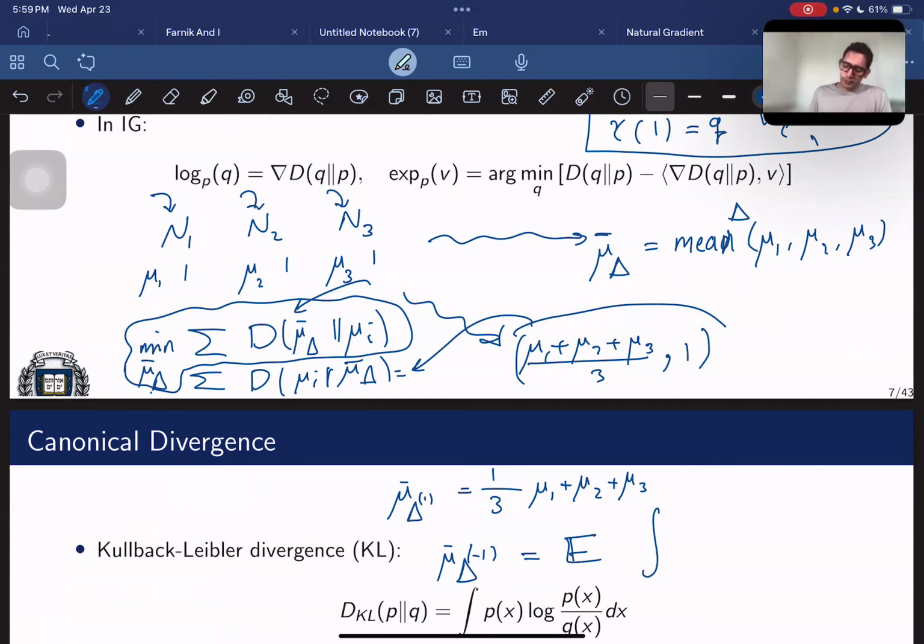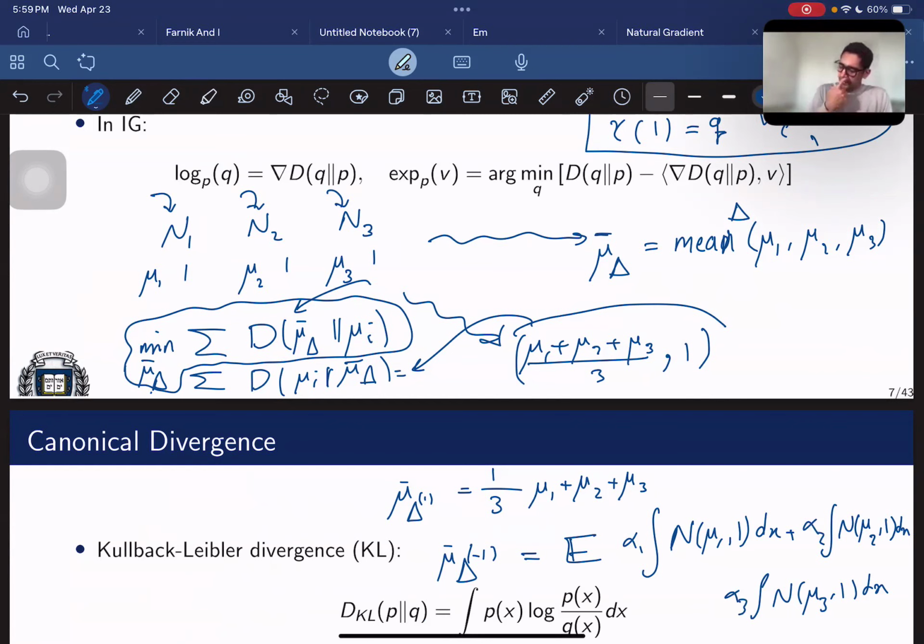The first mu1, I can show it with mu2 dx, mu3 dx, alpha 1, alpha 2, alpha 3.